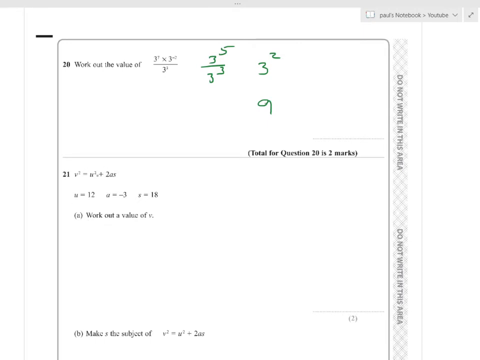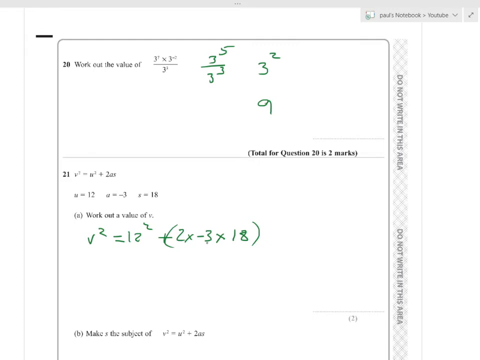V squared equals U squared plus 2AS. V is 12. No, U is 12, sorry. Got to find out what V is. So V squared equals 12 squared plus 2 times minus 3 times 18. 2 times 3 is 6, so it's minus 6.